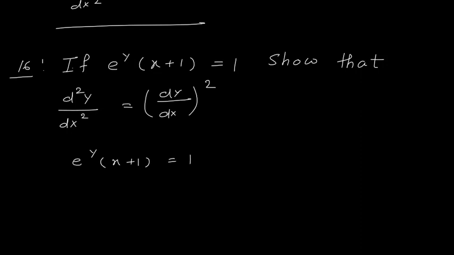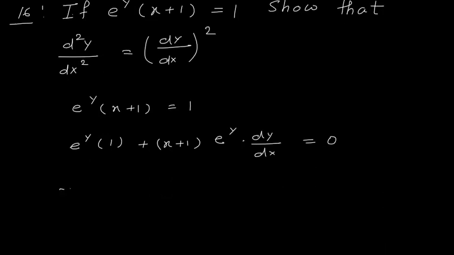Now I differentiate it. Its derivative is e^y into the derivative of (x + 1), which is 1, plus (x + 1) into the derivative of e^y, which is e^y dy/dx, and on the right hand side we will get 0.